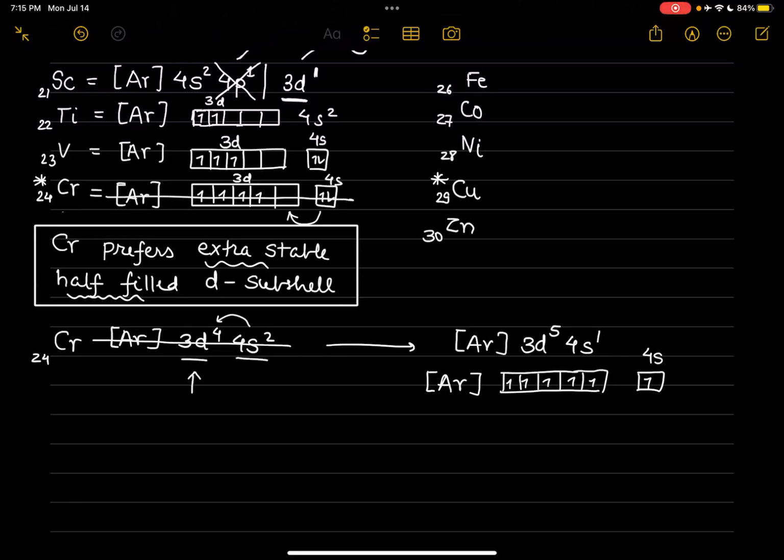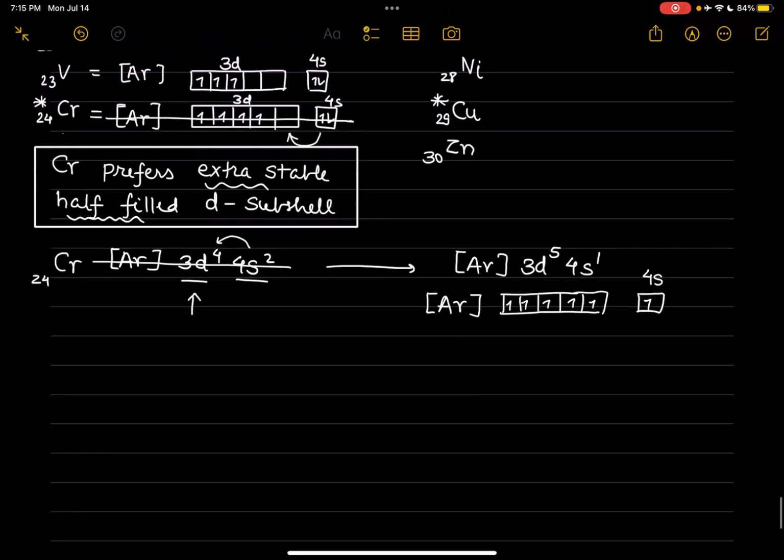Yes, sir. Why is chromium not 4s2 and 3d4? You are not going to move a whole set of electrons, just one electron. If you are just one electron short, you will move it from the adjacent subshell and make the d subshell half filled or fully filled, right? That fully filled case is going to come in copper.